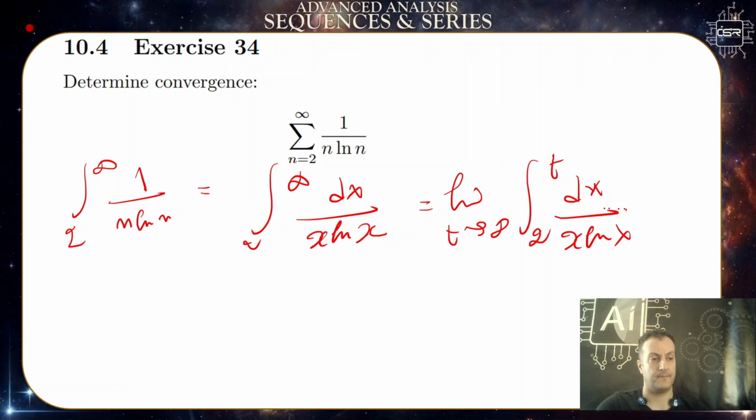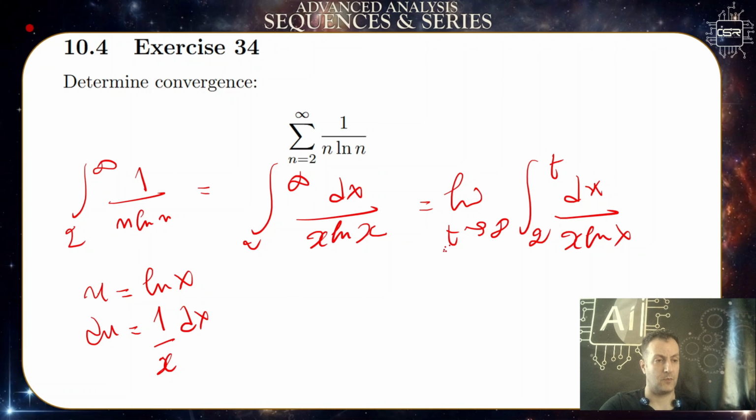So let's suppose that u is equal to ln x. du is equal to 1 over x dx, which is this part, right, from the numerator and the denominator.